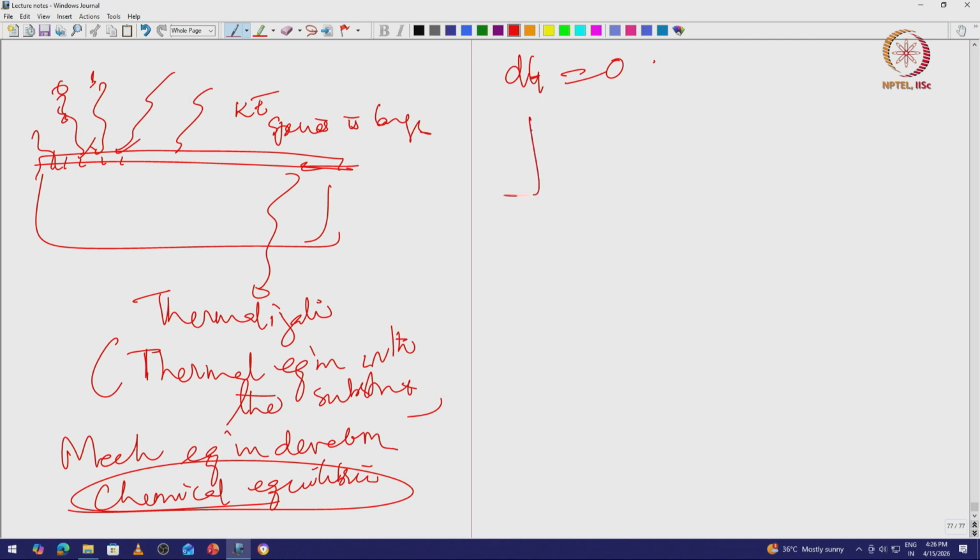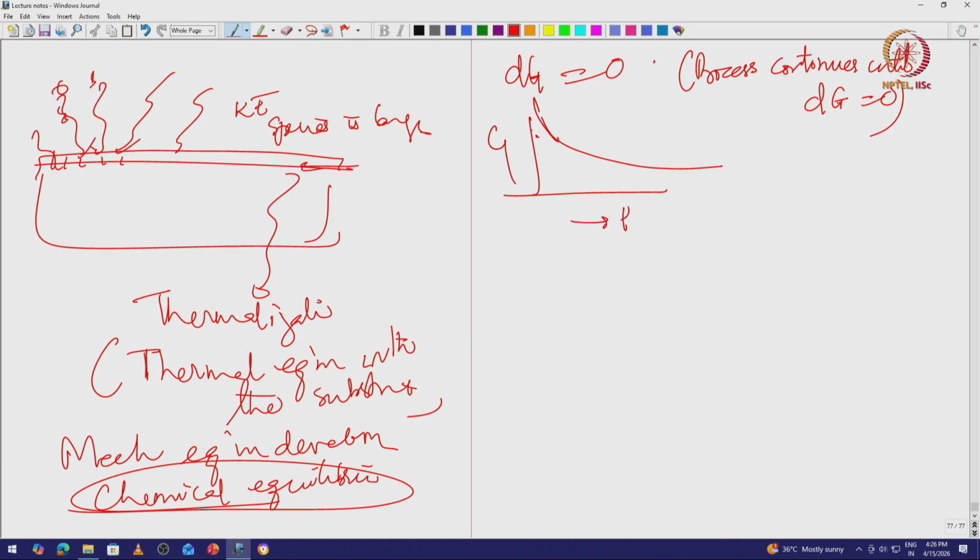It is going to continue until G is reducing, right. So the process continues until dG equal to 0, or the direction in which it continues is G is reducing as a function of time, right. So G keeps reducing, G of the system, of course, okay, and it hits an equilibrium.